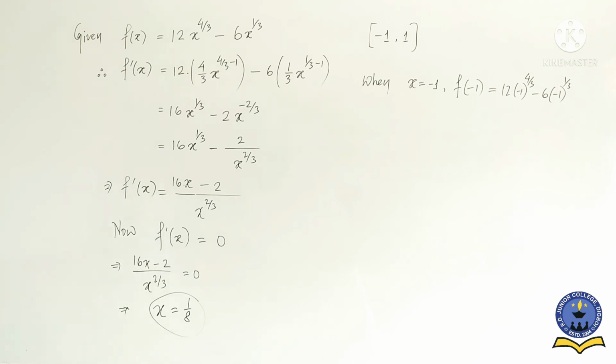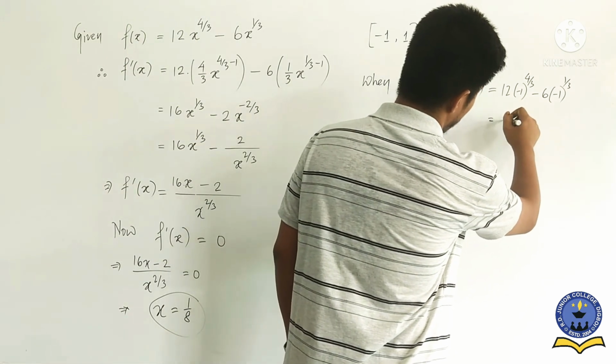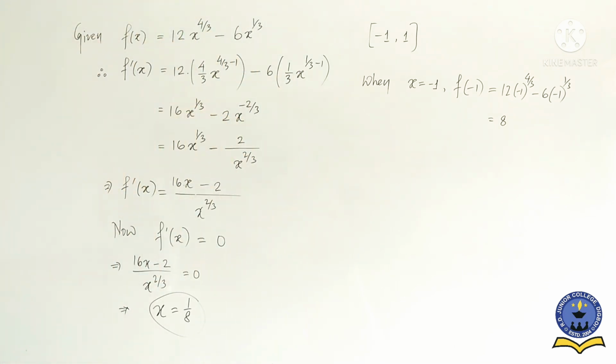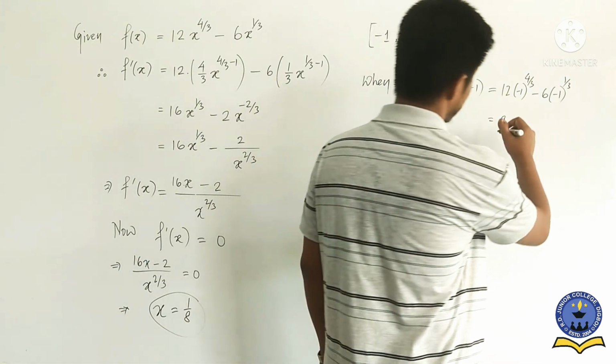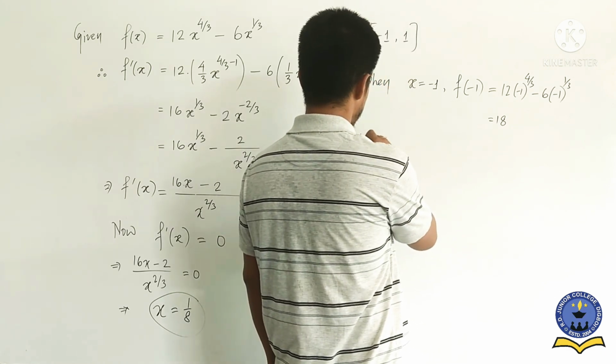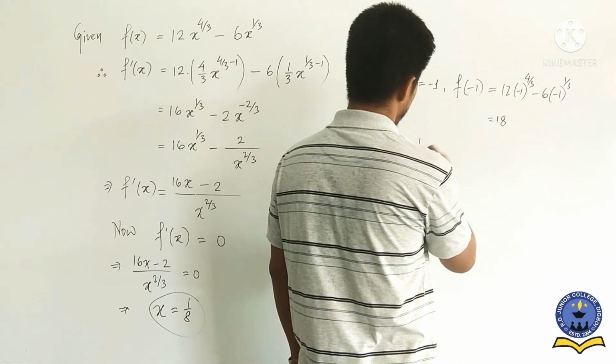And if you calculate this, the answer is 12 or 6, minus here we get plus. So ultimately 12 plus 6, 18 here we get. This one is 18.